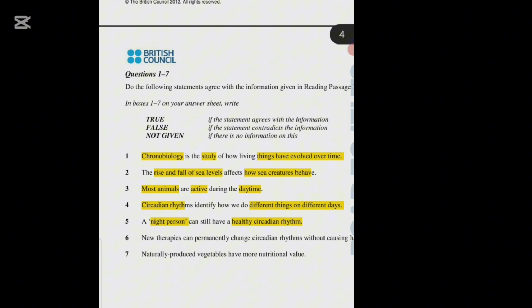And notice now that circadian rhythm has been given a definition: the cycle our bodies go through within a 24-hour period. So in case we do not have the exact word circadian rhythm close to this night person information, we could have the idea of the activities our body goes through within a 24-hour period used to rephrase circadian rhythm.